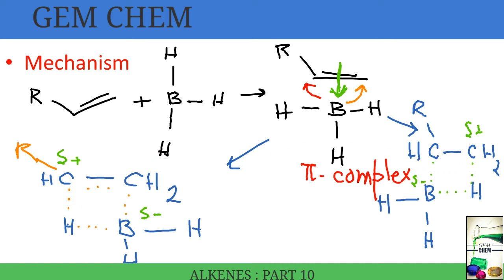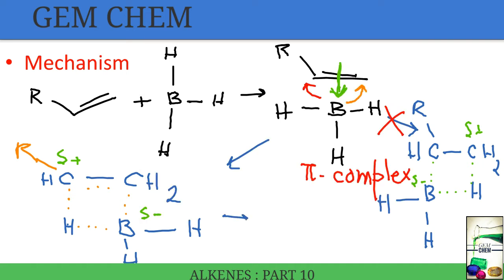Because in both cases a 4-membered cyclic transition state is observed, but a secondary carbocation is more stable than a primary one. Also, the boron attaches itself to the less hindered carbon, and this carbon is less hindered than the other one. The steric hindrance between the alkyl groups is less, and the number of hyperconjugative hydrogens is higher in this case. So we take this as our main transition state. The other path is not followed at all; that transition state is not formed.